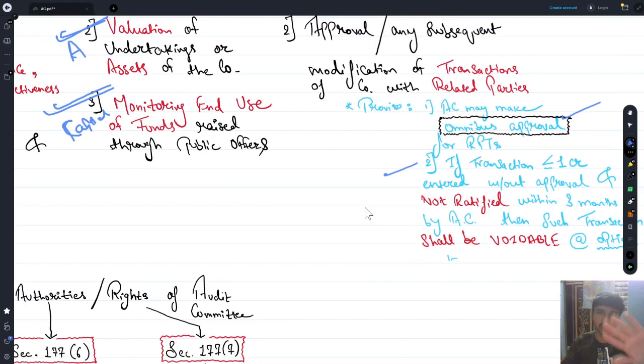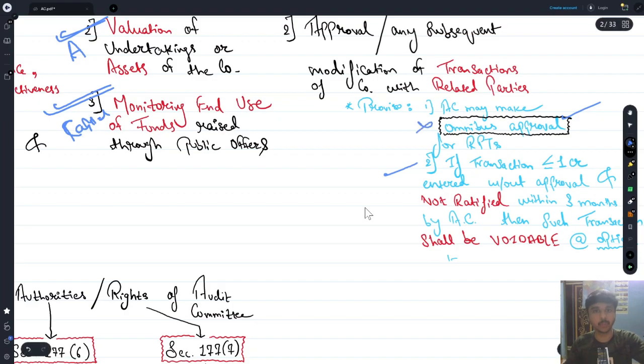Okay, but then second thing is, what happens if you have entered a transaction which is smaller than or equal to 1 crore rupees. Okay, now company has entered into a transaction with a related party which is smaller than or equal to 1 crore rupees, and this has been entered without the approval of the audit committee.